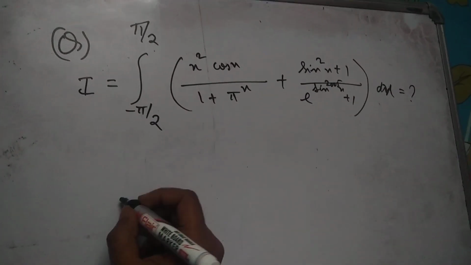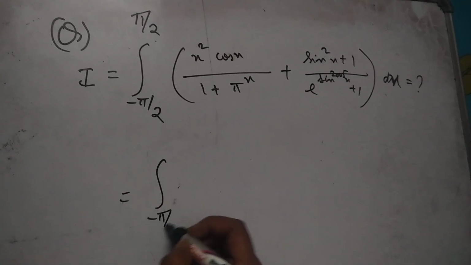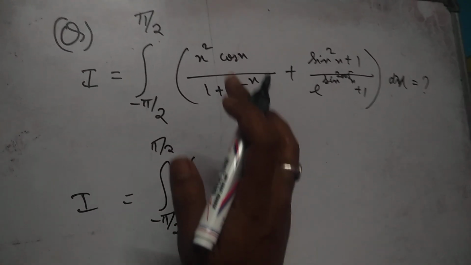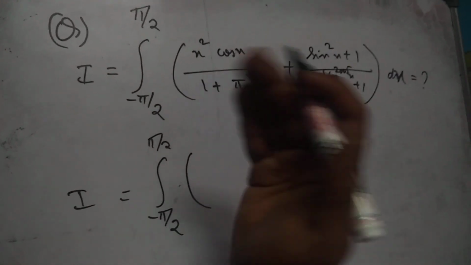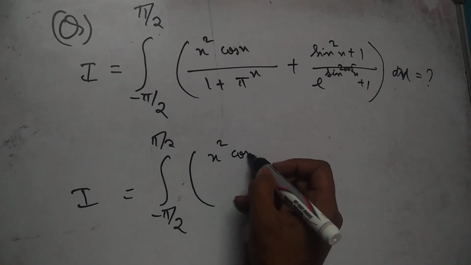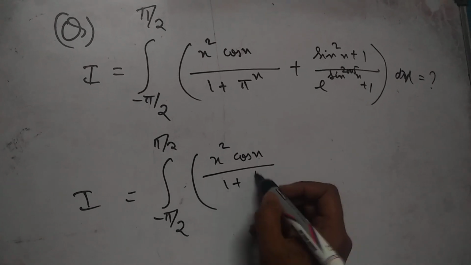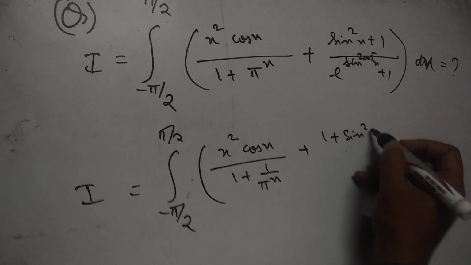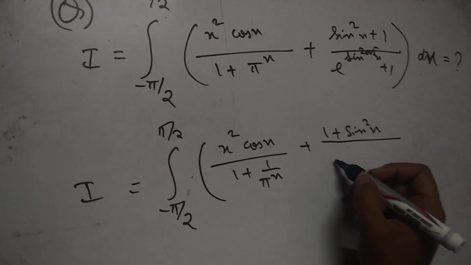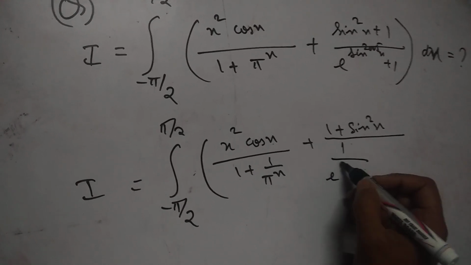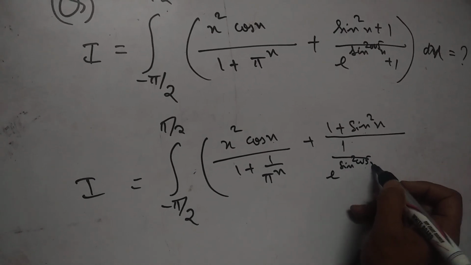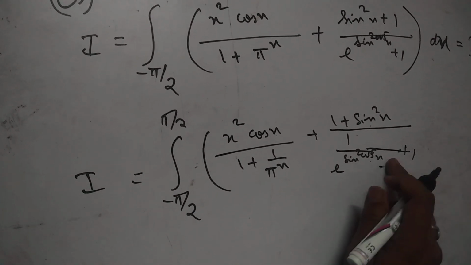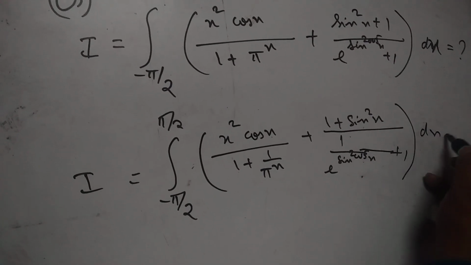Let's take it as I, and minus pi by 2 to pi by 2, this is again I, so pi by 2 minus pi by 2, 0 minus x, x square, cos of minus x, cos x, pi to the power x, divided by 1 by e to the power sine 2005x plus 1, alright, some dx.